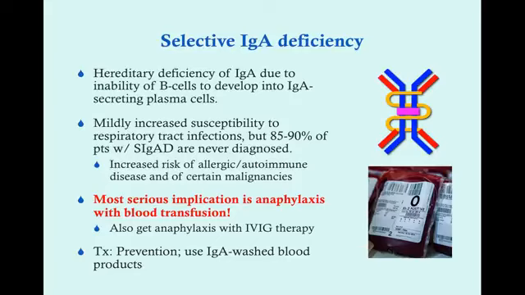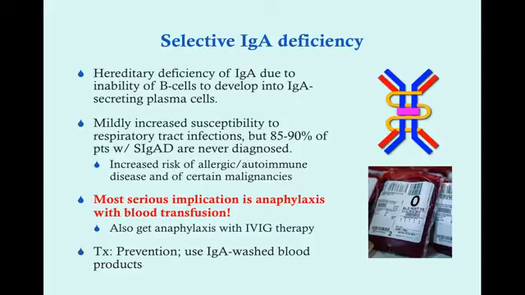And because it's so much less severe, as a matter of fact, 85 to 90% of patients with IgA deficiency are never diagnosed. The more common reason they're diagnosed is exactly the reason we saw in our vignette. So it's not at all surprising that this patient didn't have any medical history until she had this anaphylaxis to blood transfusion.